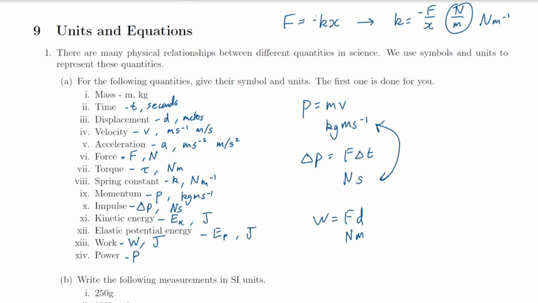And lastly, capital P for power. We know power is work or energy over time, where work is in joules, time is in seconds, so the units would be joules per second, or capital W for watts.